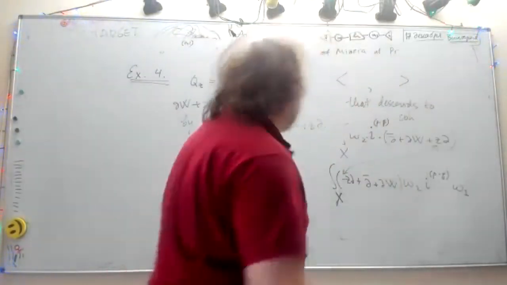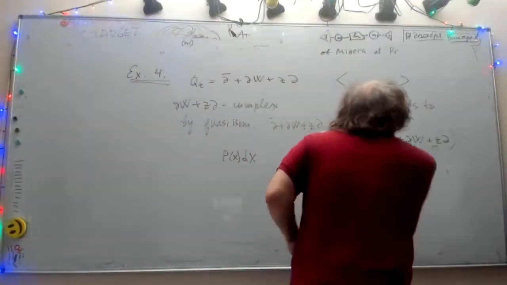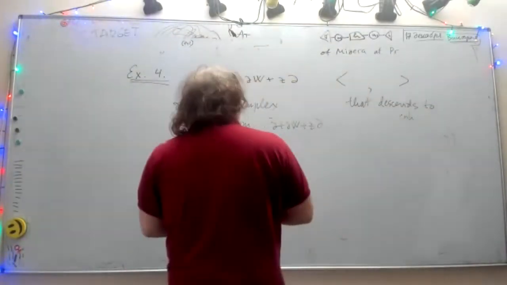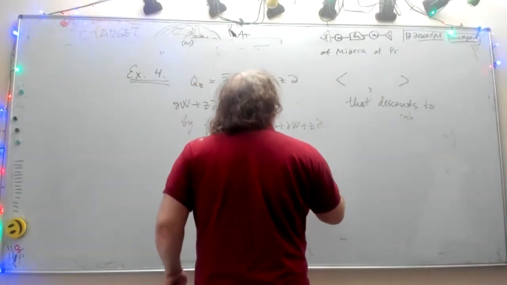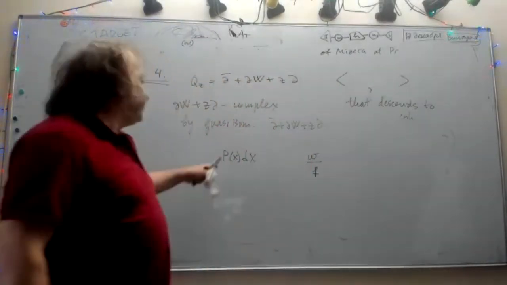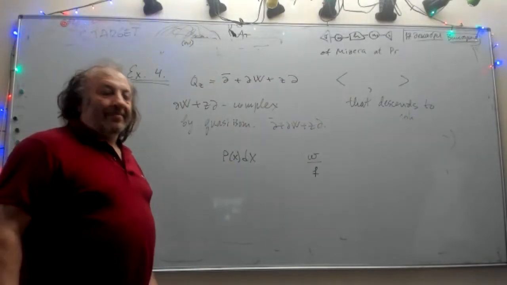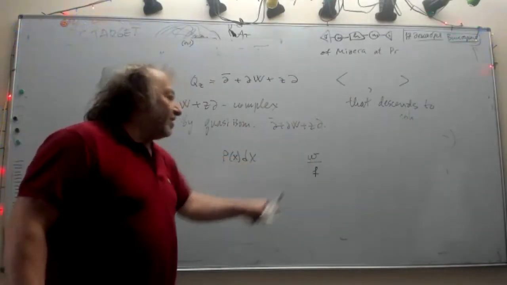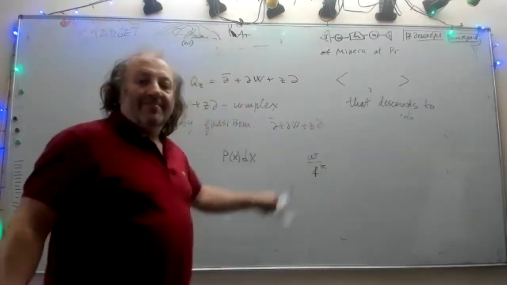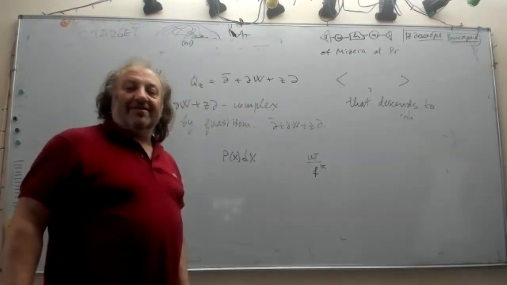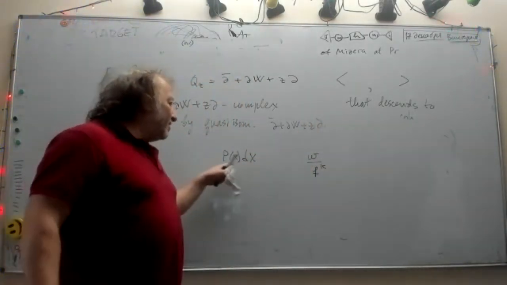No, I'll do it myself, but I'll do it in parallel. So here I have omega over f to some power k, I don't know. Just to show that it is something with a pole.